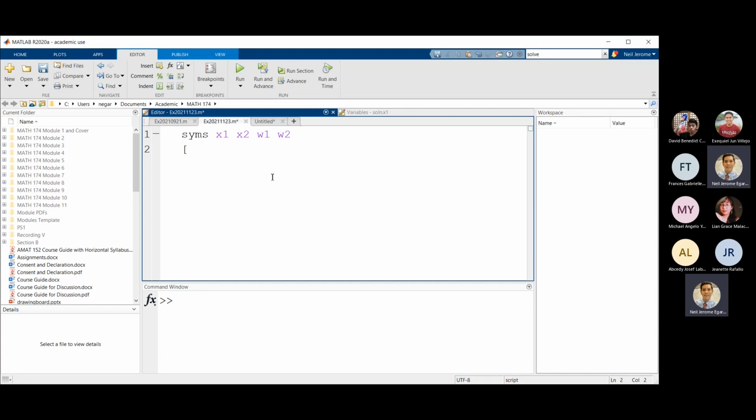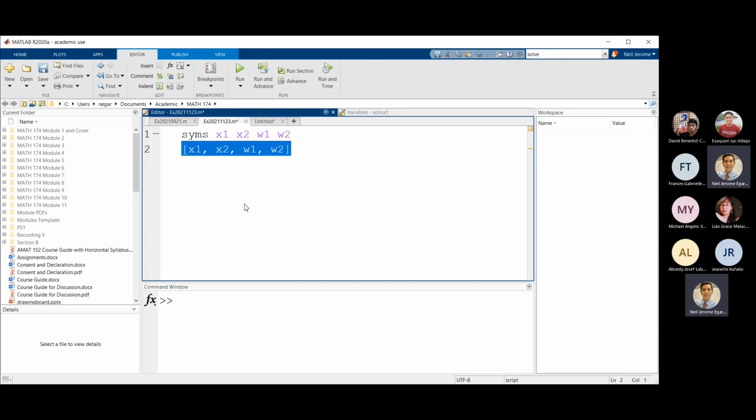Well, umpisa natin dito. Container for the solution. So, ibibigay sa atin ni MATLAB, papasolve natin yung value ni x1, x2, w1, and w2. They should be enclosed in brackets kasi para matreat siya ni MATLAB as a single vector. Okay, remember vector-based si MATLAB.